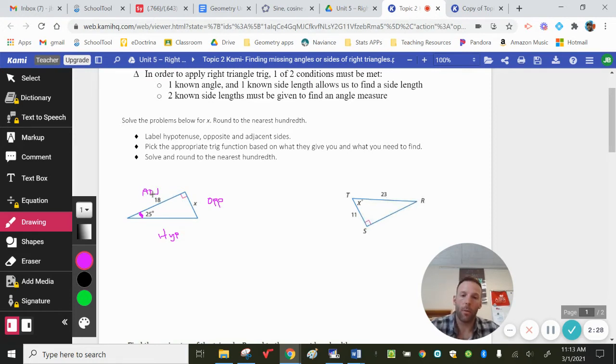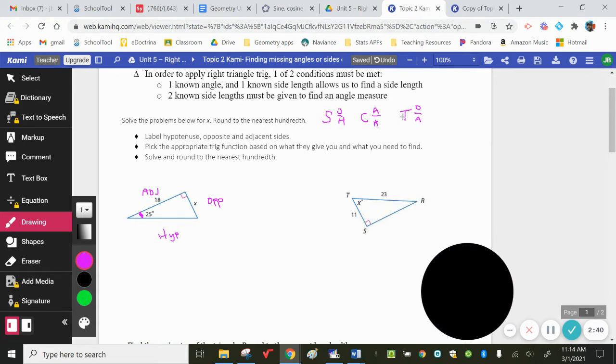If you remember the definition of each, let me pause and write that up here. Sine is the ratio of the opposite over the hypotenuse. Cosine is the ratio of the adjacent over the hypotenuse. And tangent is the ratio of the opposite over the adjacent. So in this case, since I want the opposite side and I have the adjacent side, I'm going to use the tangent ratio.